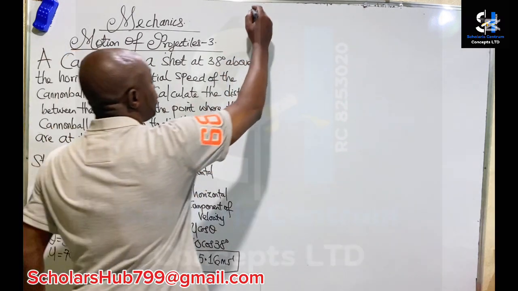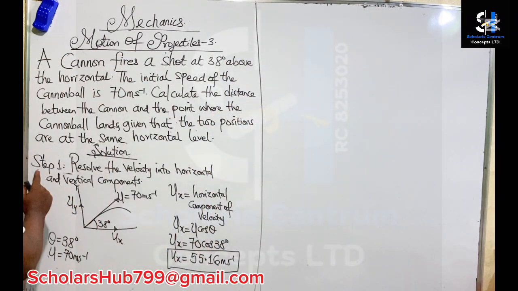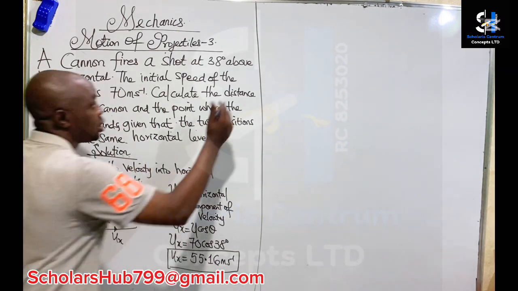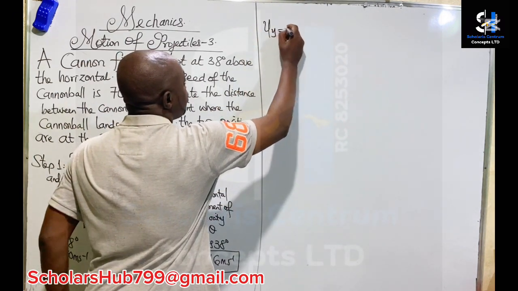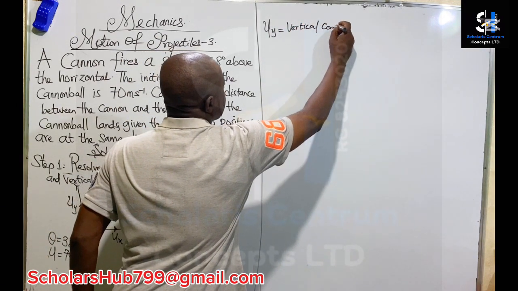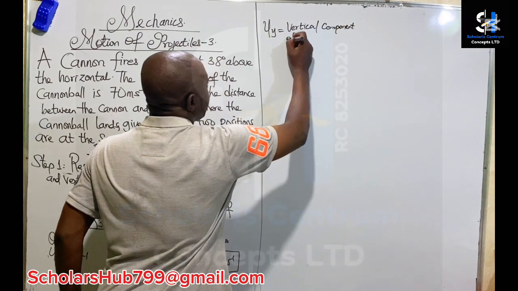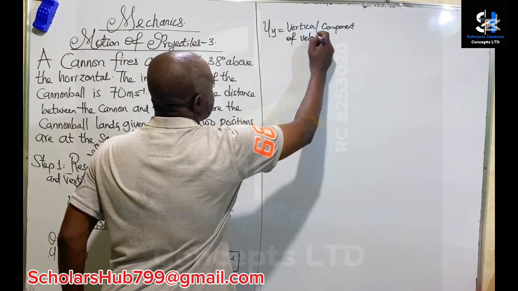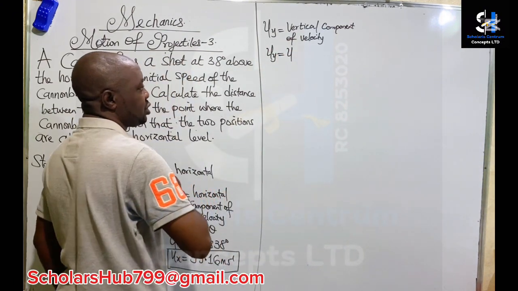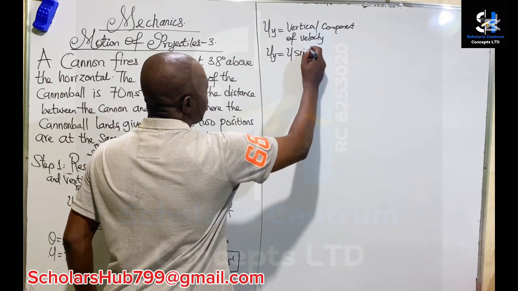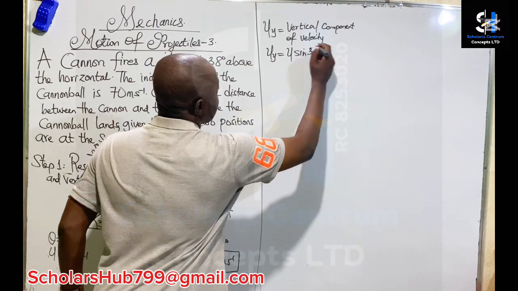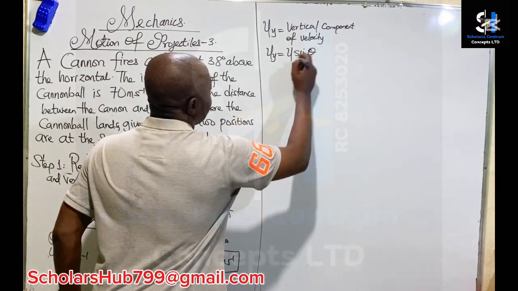Then remember, step one is to resolve the velocity into horizontal and vertical components. For the vertical component, uy represents the vertical component of velocity, and uy is the velocity of projection multiplied by sine of the angle of projection, which is 38 degrees.